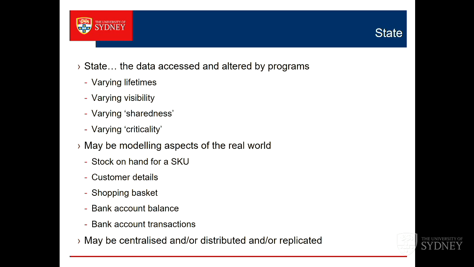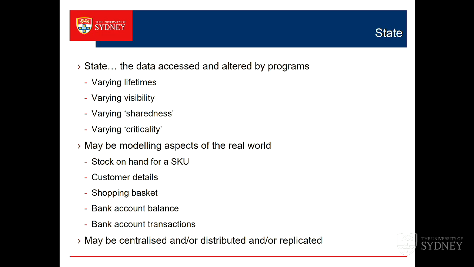So is this piece of data really, really private and only this little bit of code here knows about it? Or is it something that the whole world can see? Or is it something that the whole world can modify? So the degree of sharedness. And there's a degree of criticality as well.